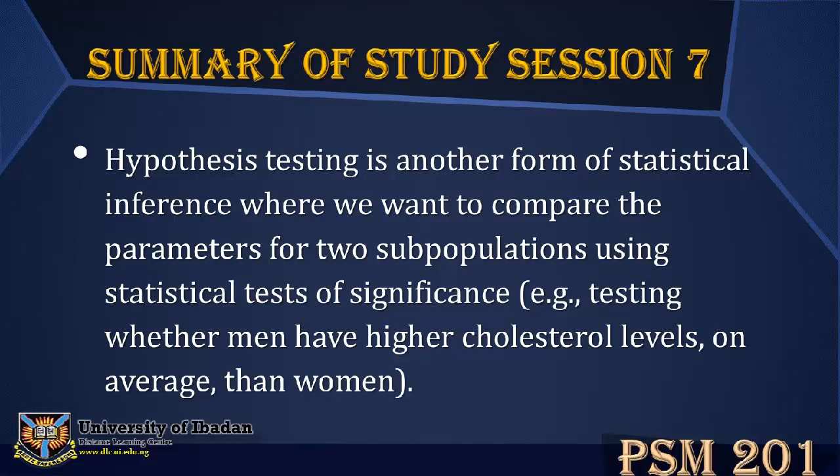Hypothesis testing is another form of statistical inference where we want to compare the parameters for two subpopulations using statistical tests of significance, e.g., testing whether men have higher cholesterol level on average than women.